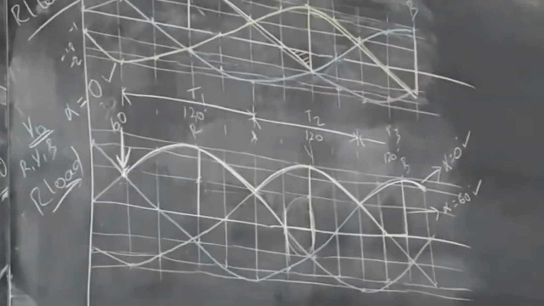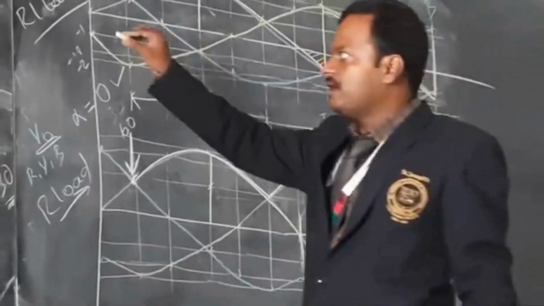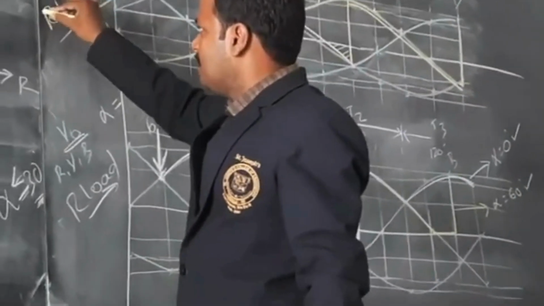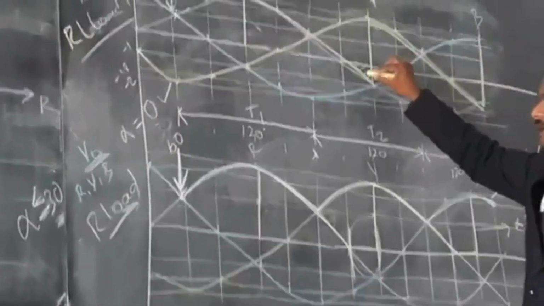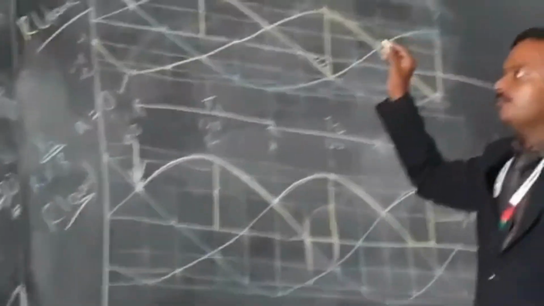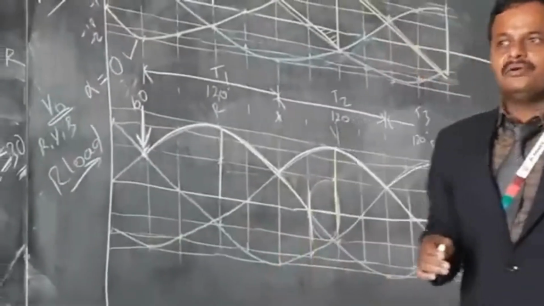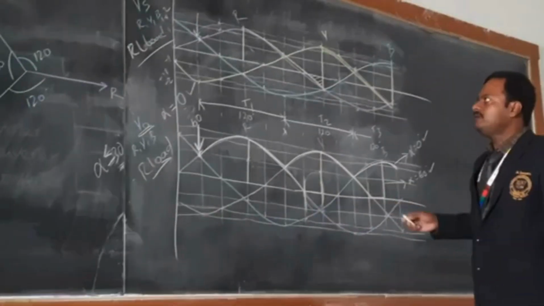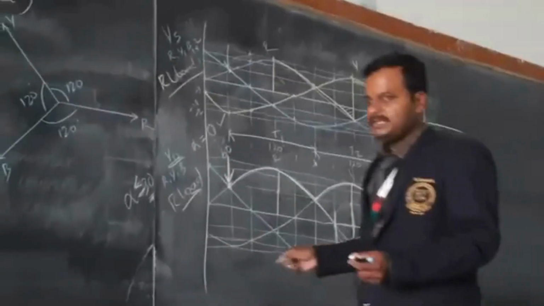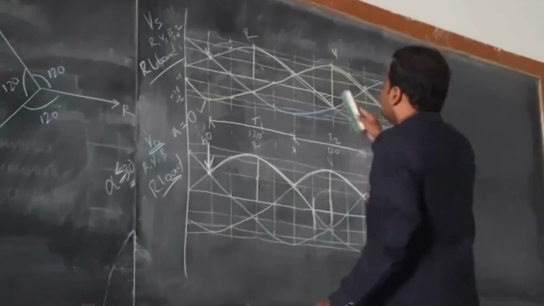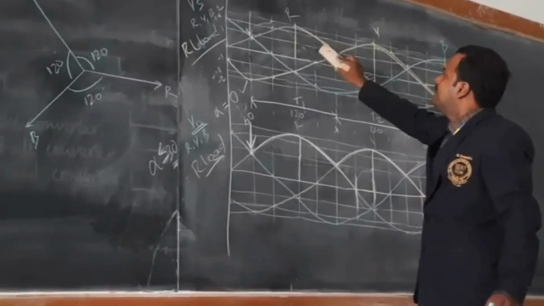Okay. In this RL load, we are getting an output voltage in the negative direction also. If it is more than 90 degree, okay, up to 90 degree, what happens? Up to 90 degree, we can consider this as a rectifying mode.